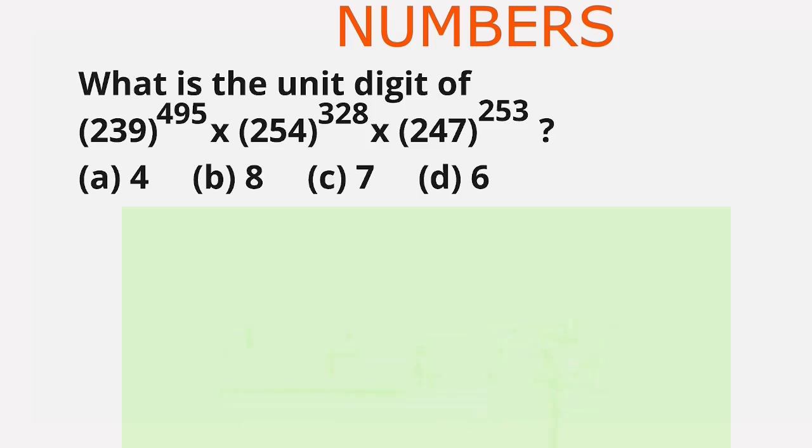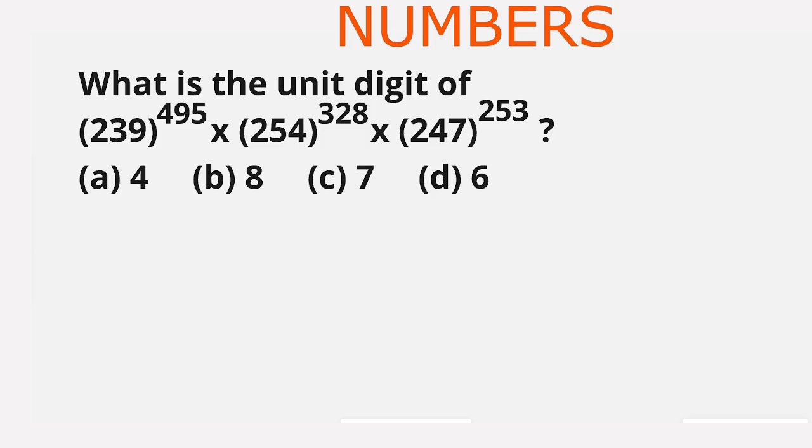We have to find the unit digit. So we will consider only unit digits, and the first number is 239 to the power 495. We know that we have to divide the power by 4 and find the remainder, and whatever the remainder is, that will be the power of 9.